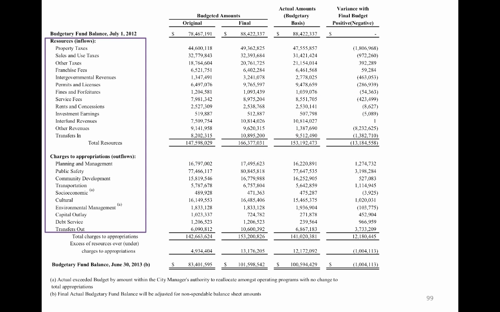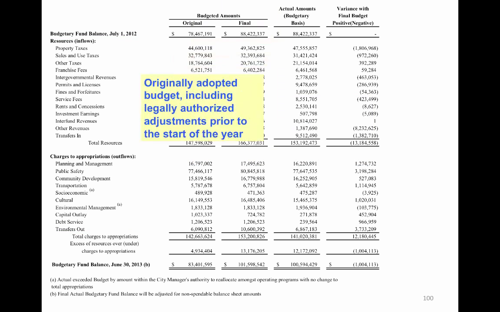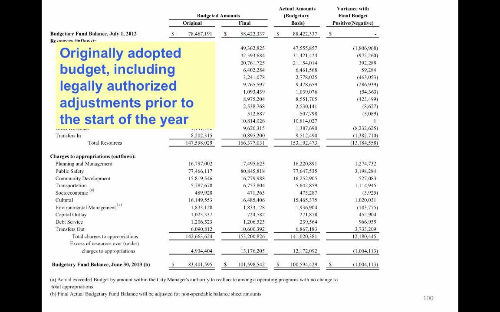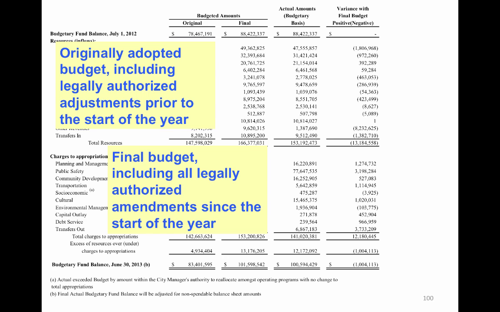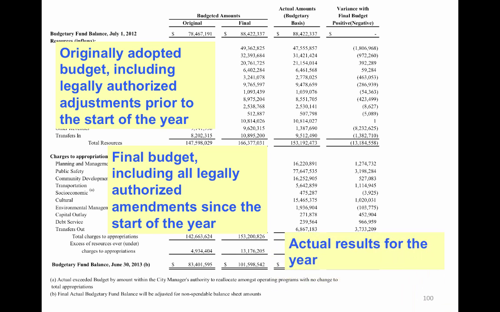There are three columns that are always in this comparison: the original budget, the final budget, which includes all changes, all adjustments made to the budget throughout the course of the year, and even in some circumstances after the end of the year, and then the actual amount presented on a budgetary basis, so the absolute final amount.